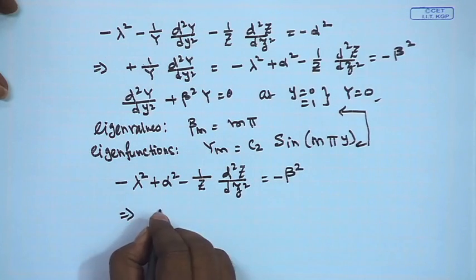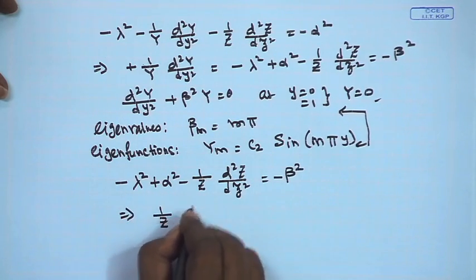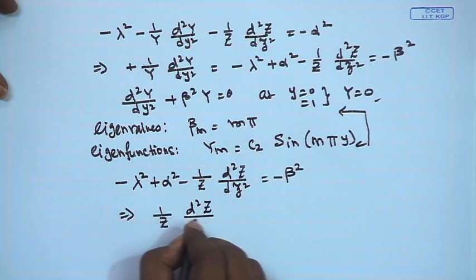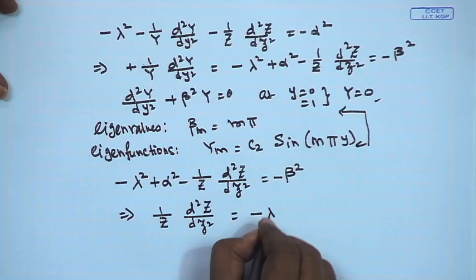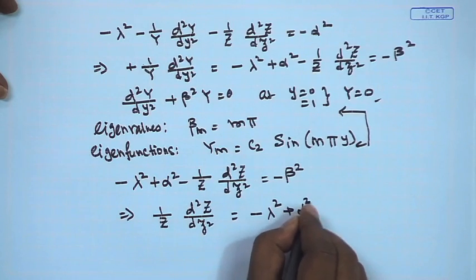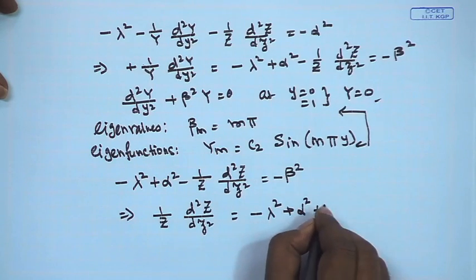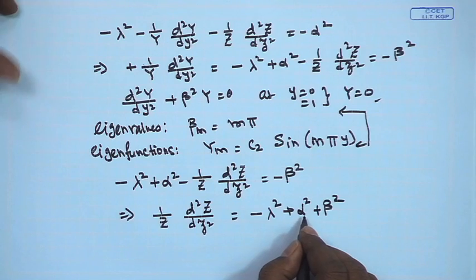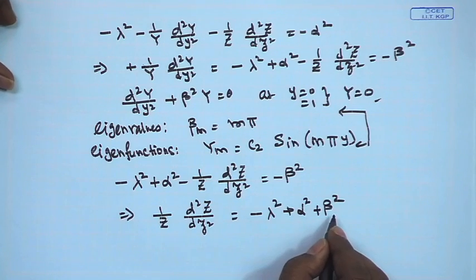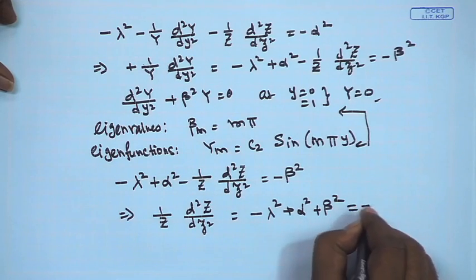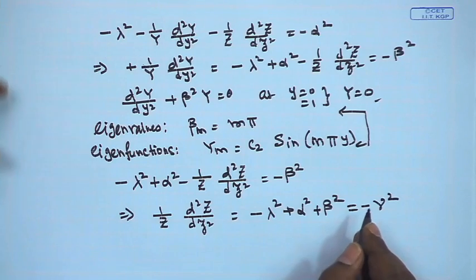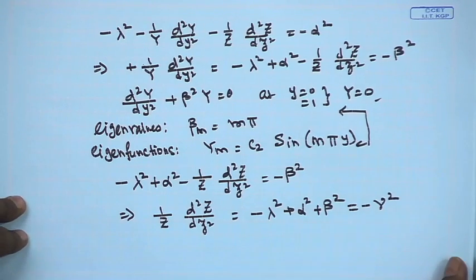Therefore, 1 over Z d square Z d z square will be nothing but minus lambda square plus alpha square plus beta square. Alpha square you have seen is 2n minus 1 pi by 2 squared, and beta square you have seen is m square pi square. So, this constant has to be a negative constant, minus gamma square, in order to have a non-trivial solution of Z.